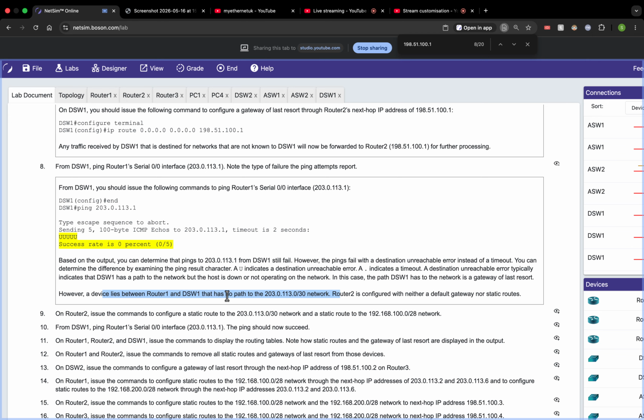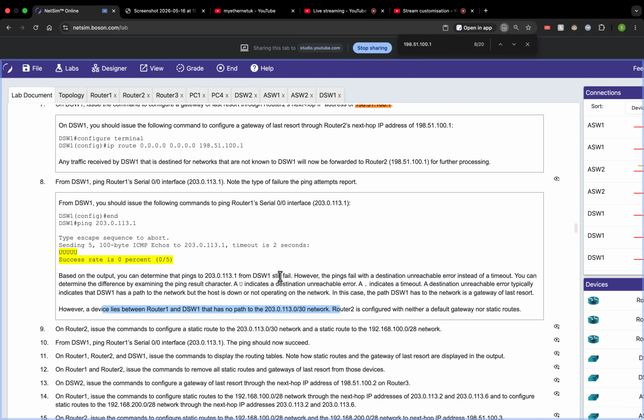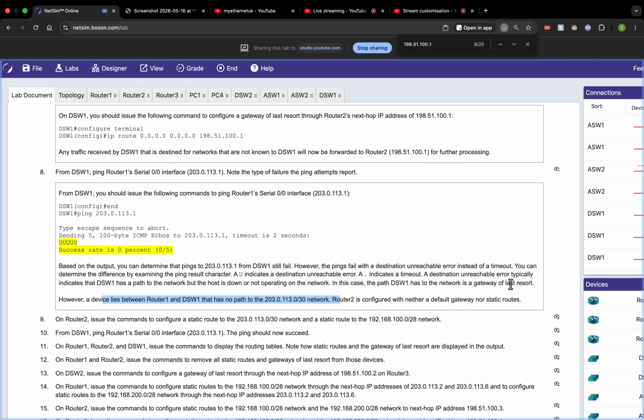A destination unreachable error typically indicates that DSW1 has a path to the network, but the host is down or not operating on the network. In this case, the path DSW1 has to the network is the gateway of last resort. The device lying between router 1 and DSW1, router 2, has no path to the network, with neither a default gateway nor static routes.